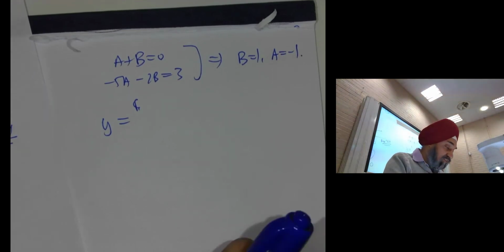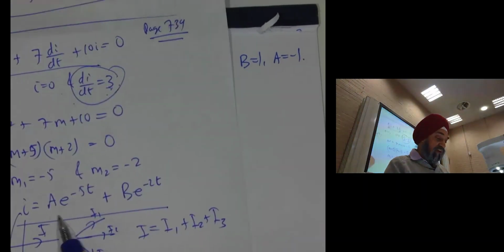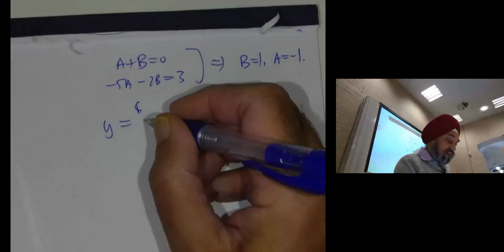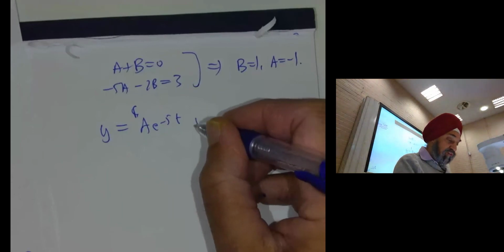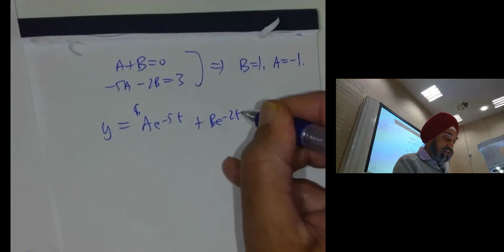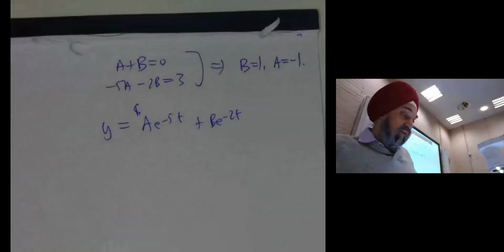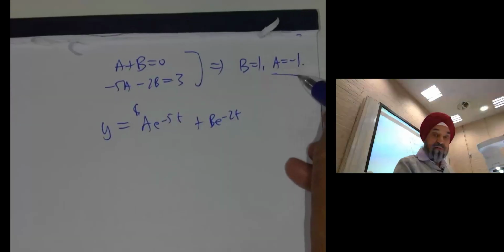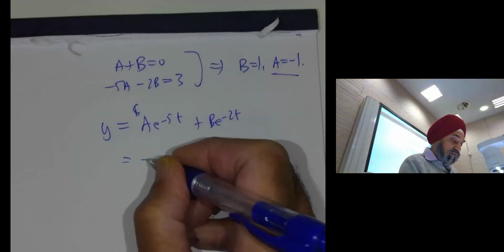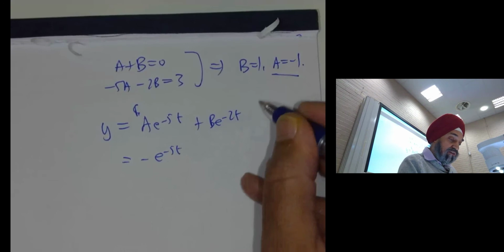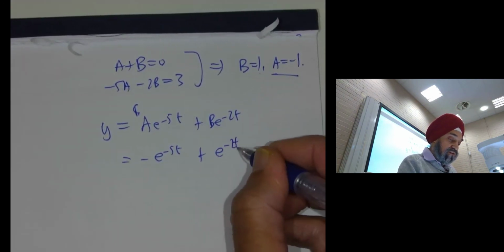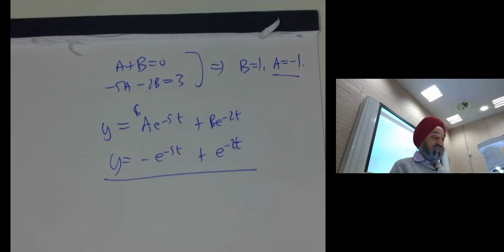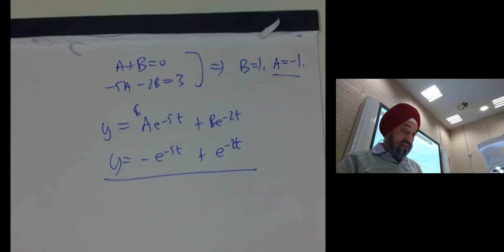Yes, that's right. It's A e to the minus 5t plus B e to the minus 2t, and you've just worked out that A is minus 1, so you get minus e to the minus 5t, and B is 1, so plus e to the minus 2t. That's what your solution is. Now that solution is definitely useful to you.